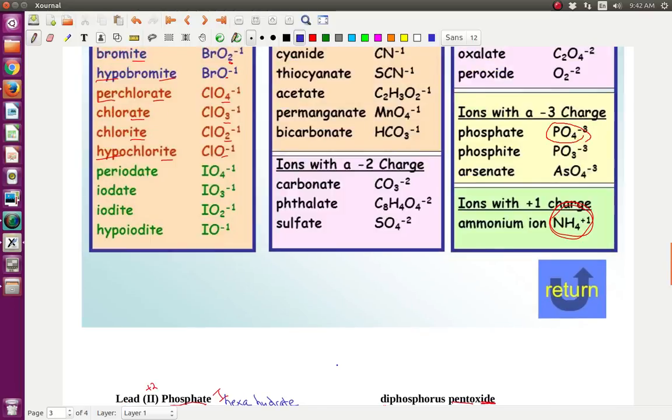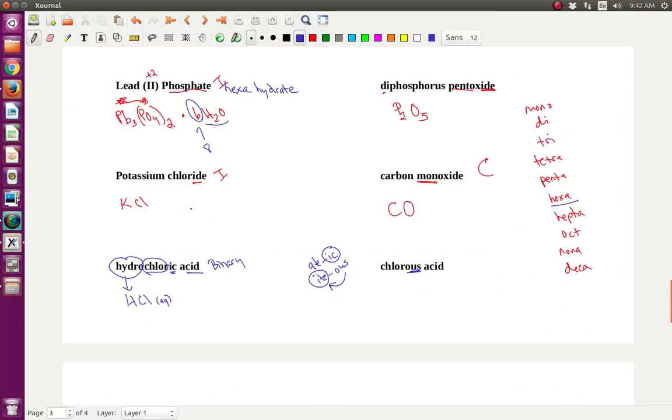I go back up and find the ite, the chlorite ion, and there's the chlorite ion, ClO2 with a -1 charge. So I write ClO2 with a -1 charge. All right, it's an acid, and acids have to have hydrogen in front. This -1 means I need 1 +1 to cancel it out. So 1 hydrogen, and that would be chlorous acid.